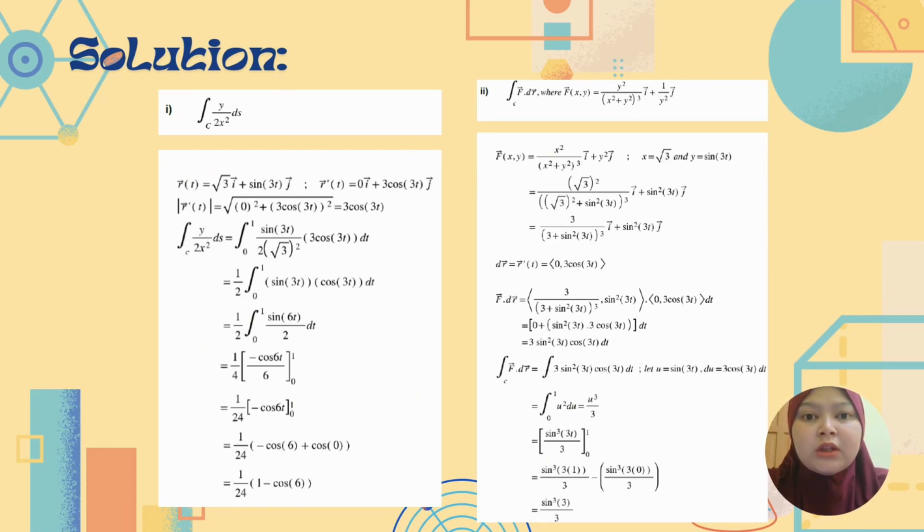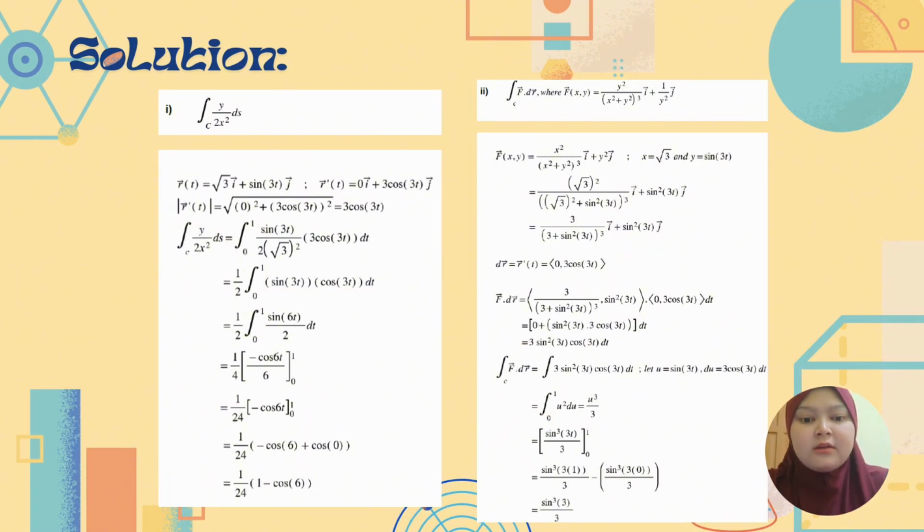We substitute into F dr. We get 3 times sin squared 3t in brackets times r prime, which is 0 and 3 cos 3t. We get the answer 3 sin squared 3t cos 3t dt.